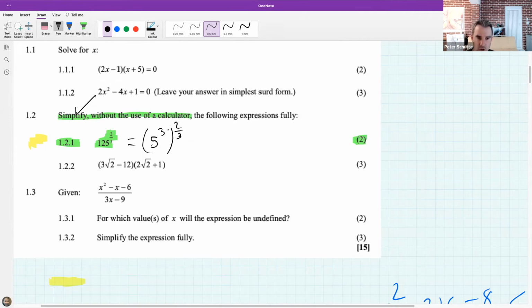Now, this is good news because there's a law of exponents that says if you have 2 exponents next to each other, you multiply them. And I can write this 3 as 3 over 1, and it's still the same 3. What that allows you to do is to cancel out those 3's, and you get left with 5 squared, which is 25. And so that's just checking your knowledge and understanding of exponential notation.